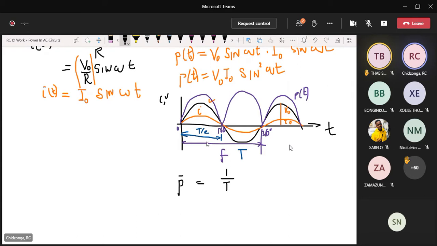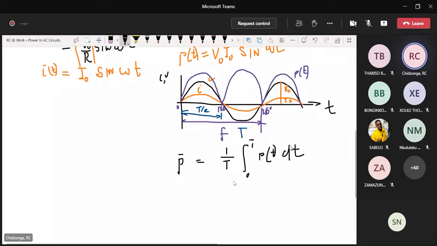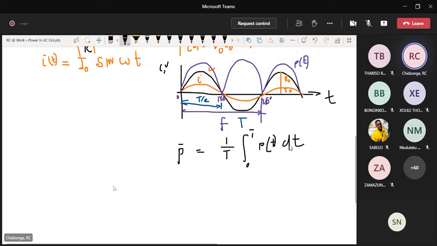I'm just using T, but it is actually the period of the purple wave, from 0 to T of p(t) dt. This is from maths. That is how you find the average power of a signal. Now, can we do that? Right, let's do it so that we get somewhere.